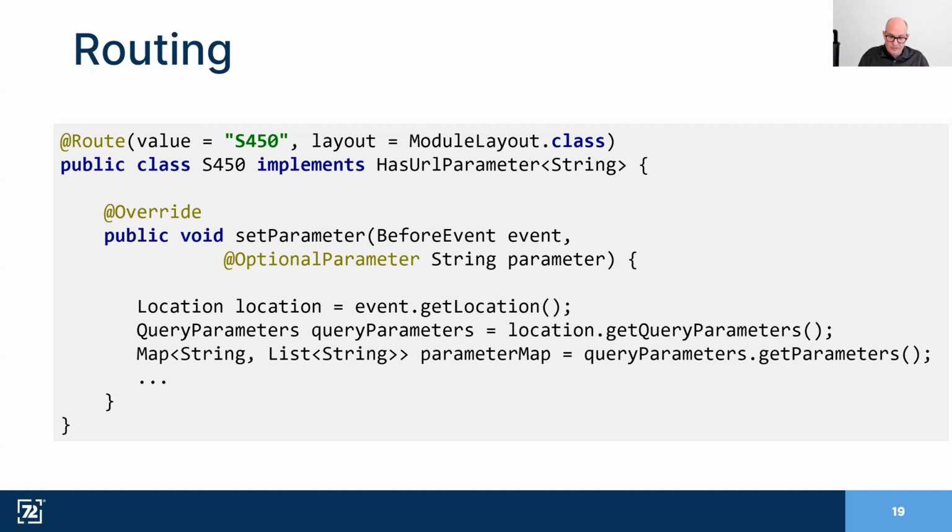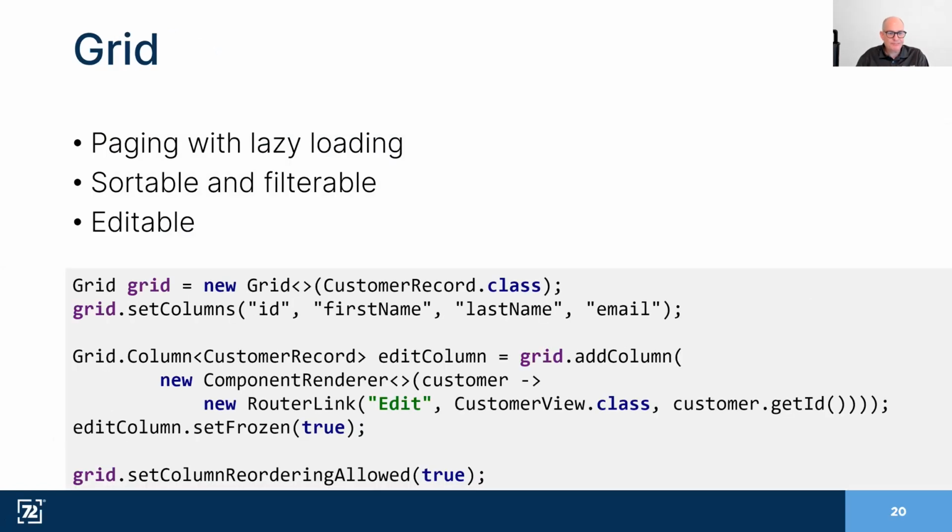So Vaadin applications will become fully bookmarkable. The URL that you have, you can send it to a user, for example, and they can click on the link, and then they're where they should be. That's a very important thing, because bookmarkability is very important for most web applications.